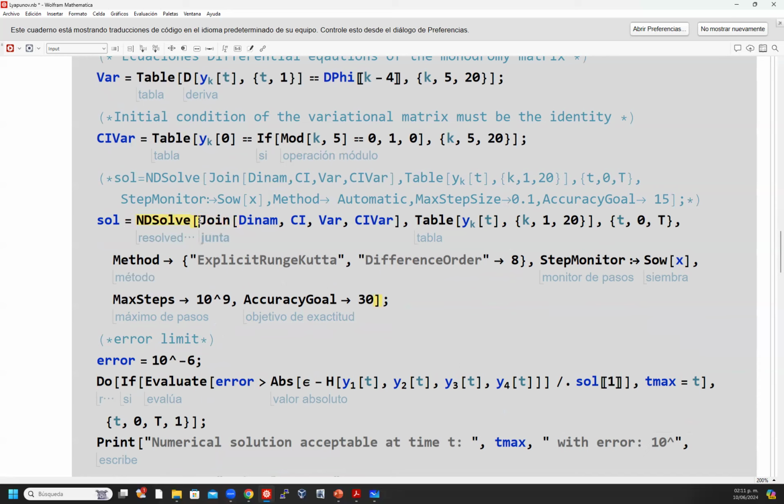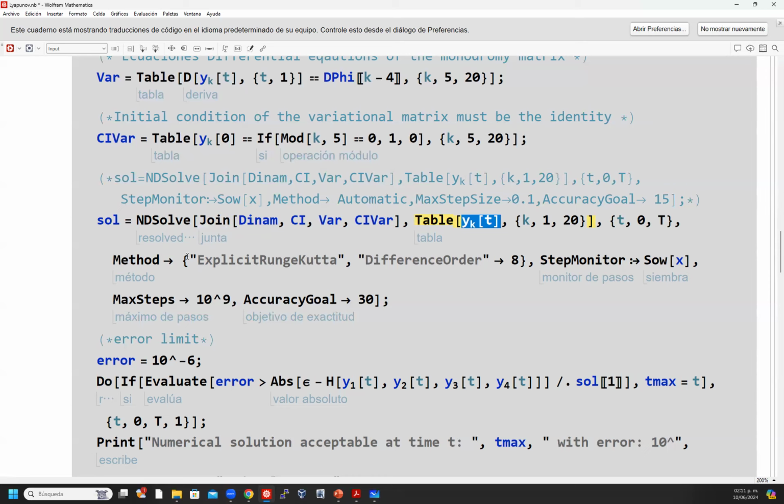In this part, I join all the Hamilton equations with the respective initial conditions, with the variational part, the monodromy, and the initial conditions. That is basically the identity. For which variables? For all of them, from 1 to 20, because there are 20 differential equations. In what regime of time? From 0 to t, that is 5,000.